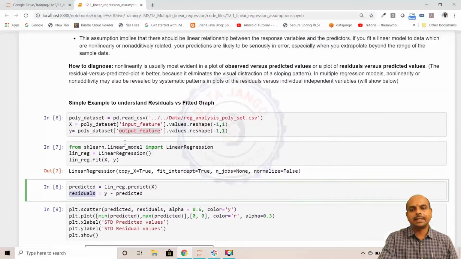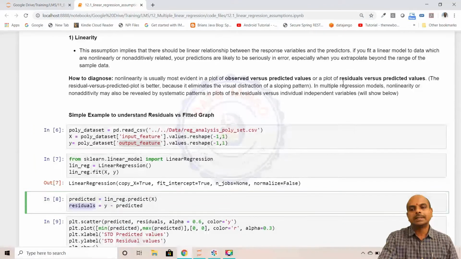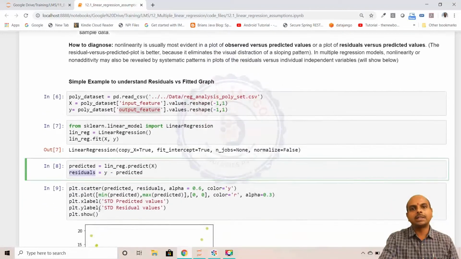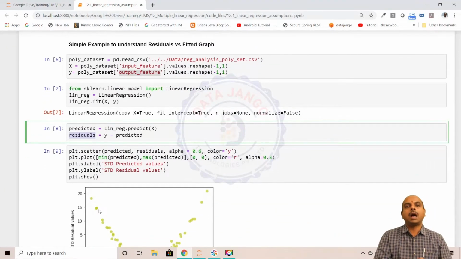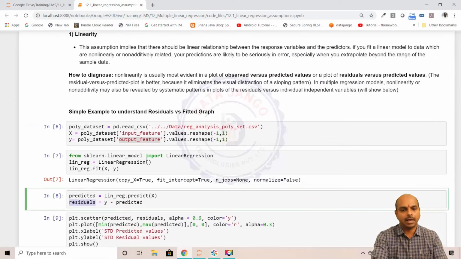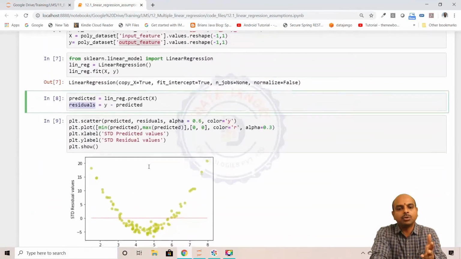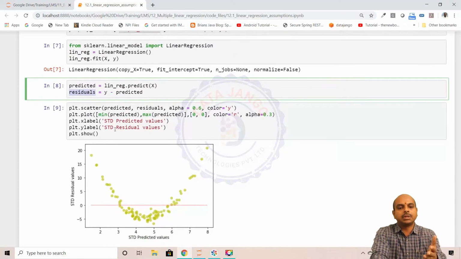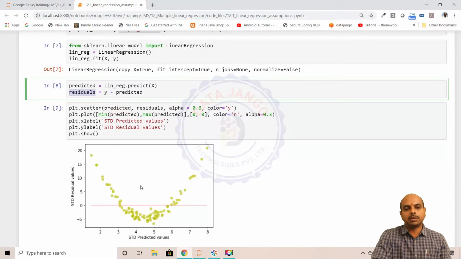I said that we can do a scatter chart between the residuals and predicted values, or the fitted values, and understand the relationship between all x's and y. Right here I have only one x, but I don't know what the relationship is. I'm going to do a plot between the residuals and the fitted values, the predicted and residuals plot.